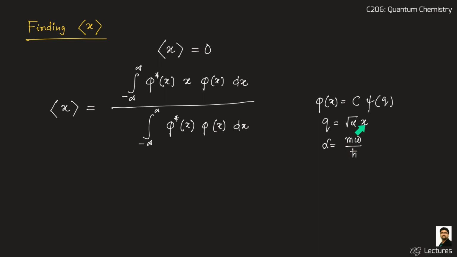Hence, as x and q are related this way, it is quite obvious that a function of q and the corresponding function of x are also going to be related by some constant c. This particular constant is going to be different for different psi depending upon what n. So we can definitely have a different n here, right?